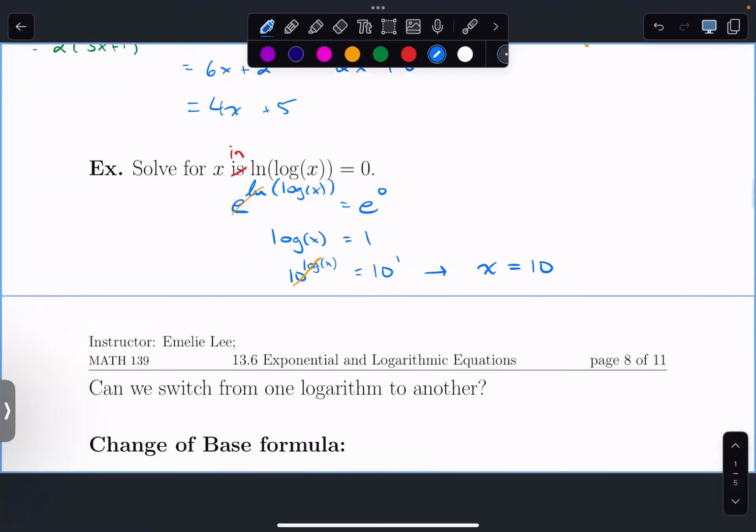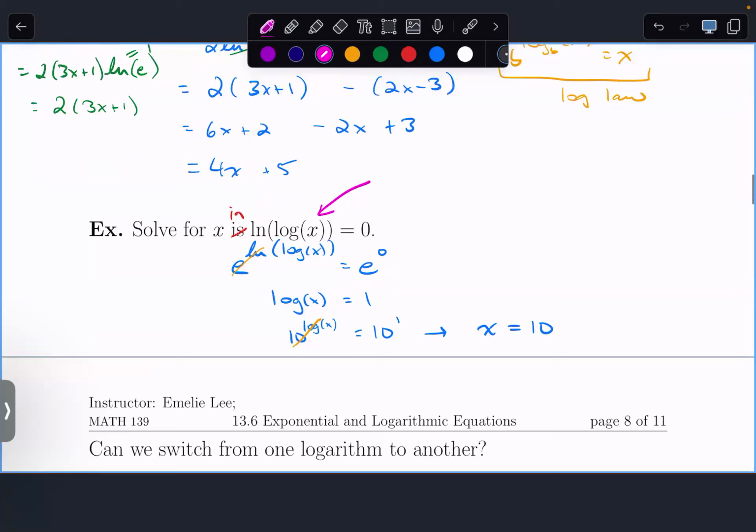Any questions about that one? So the trick is, if you're trying to chip away at something inside a log, you raise both sides to the base. Right? I'll even write a note.